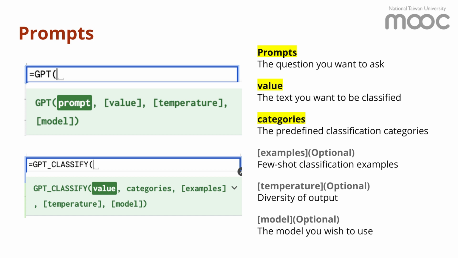The GPT function is designed for general use when you directly input your prompt. It is versatile, allowing you to ask any question or make any request as you would in a ChatGPT dialogue. On the other hand, the GPT classify function streamlines the process for classification tasks. This function is tailored with a predefined prompt structure.